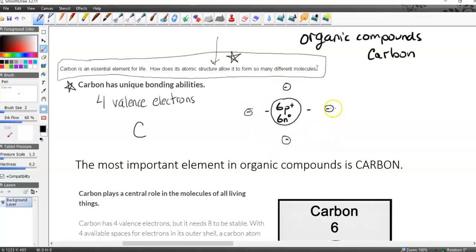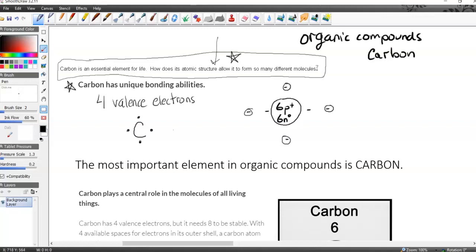Yes, it has 6, but it only has 4 on the outside. 2 of those 6 are way here on the inside. But carbon has 4 valence electrons, just 1, 2, 3, 4. I'm going to put a dot around carbon for every one of its valence electrons. That's what we call an electron dot diagram. So carbon has 4 valence electrons.